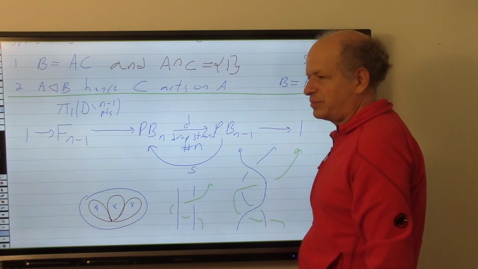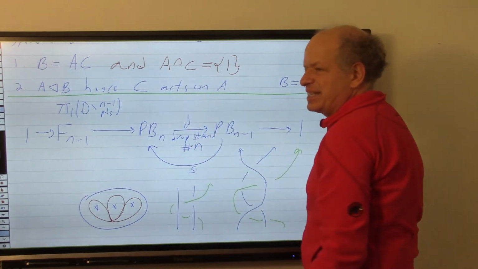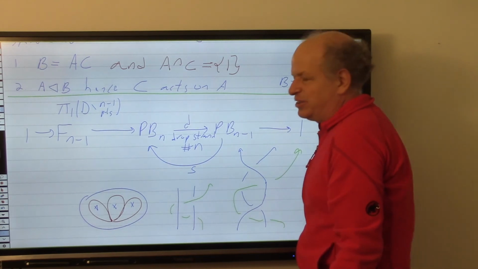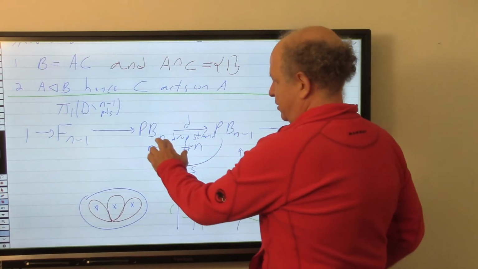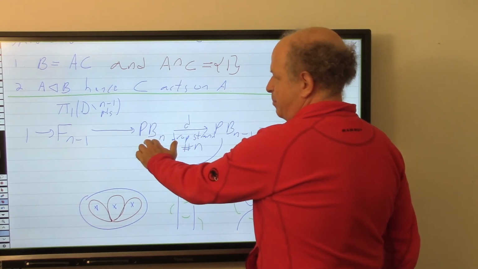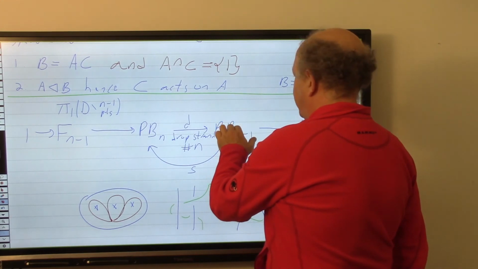and we have an exact sequence like this. Now, I already told you that this sequence splits. So it means that this is a semi-direct product of this with that.